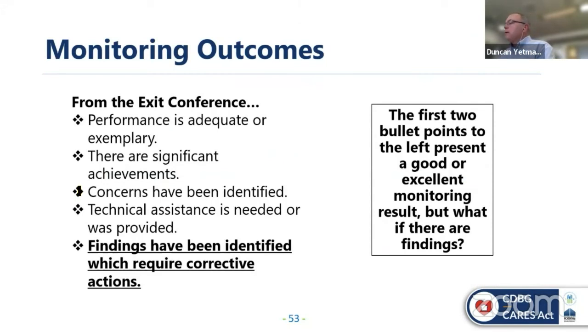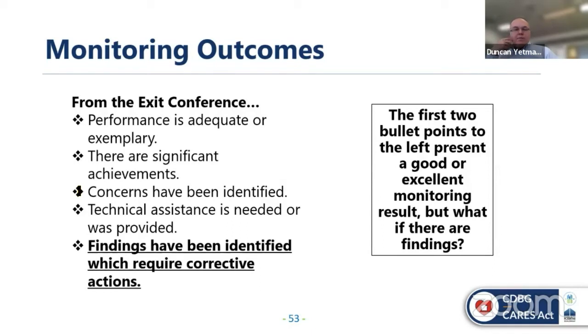So before we get into our Q&A session, let's talk briefly about monitoring outcomes. You see from the slide there, those were the same bullet points that we had earlier when discussing what the outcomes would be from the exit conference.